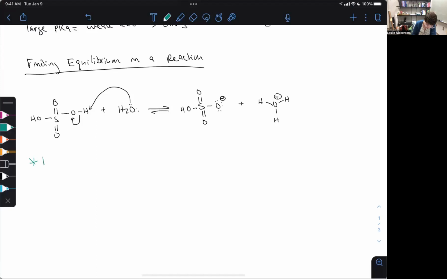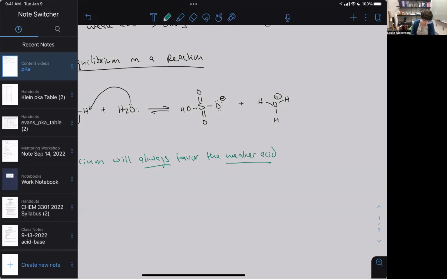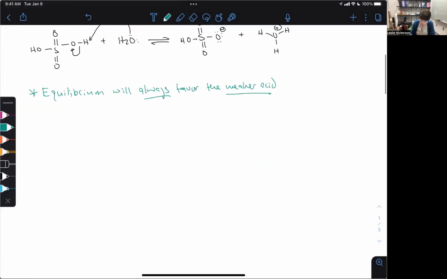So equilibrium is always going to favor the weaker acid. Okay, so that's what we are looking for here. So if we want to find that using pKa values, what we can do is we can go look at a pKa table, which I have one right here.